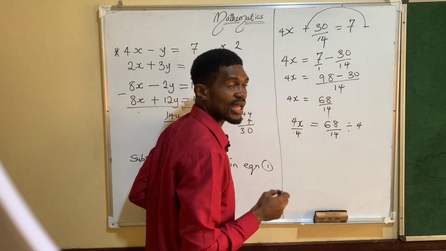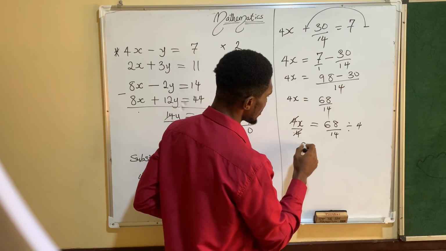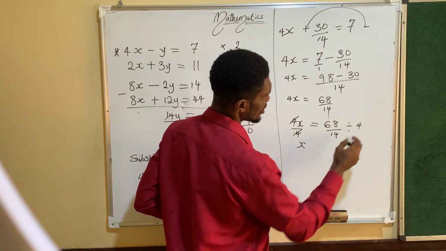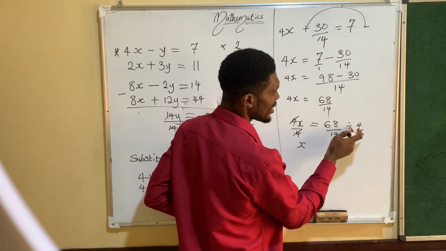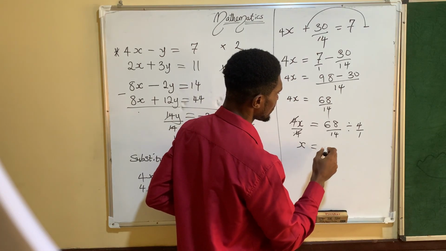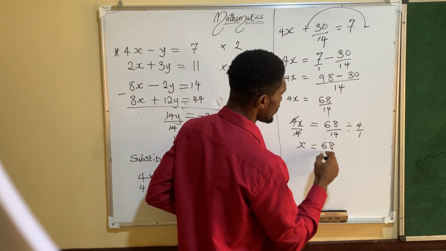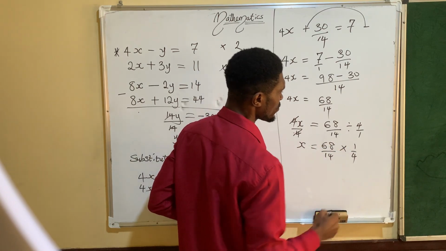So that you understand what I mean by that, 4x divided by 4, we have x. And this is also a fraction. But in order to solve further, we need to change this to multiplication. So we have 68 over 14 multiplied by 1 over 4.